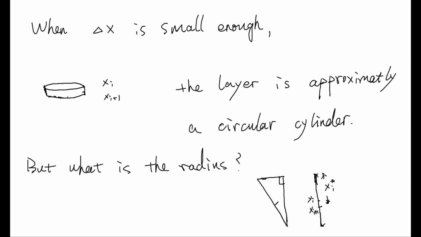So for the ith layer, we can use the radius at x equal to xi star. So we use the radius at the sample point.